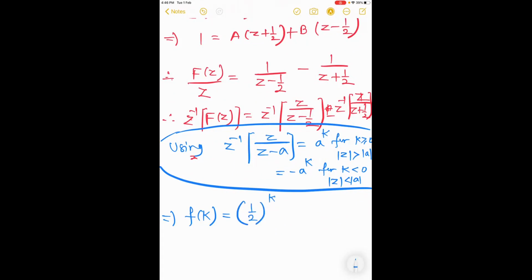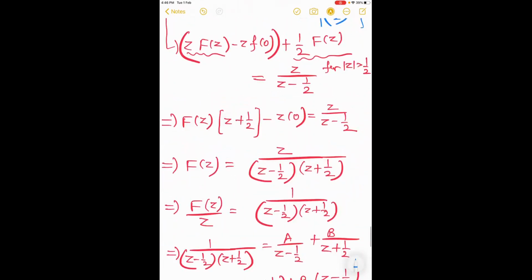Okay, so our range is given as mod z greater than half.